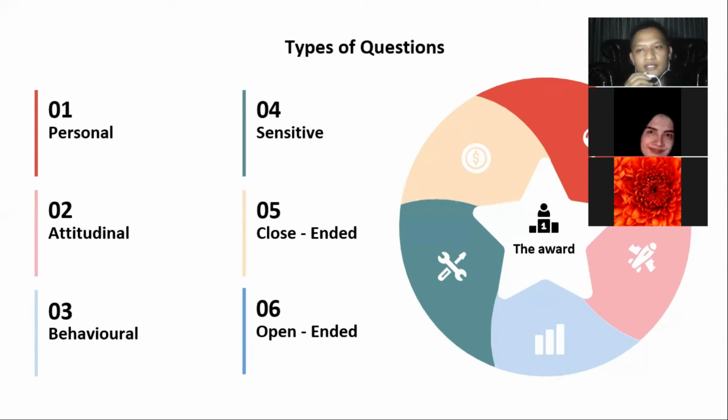And then the next is sensitive questions. Sometimes as researchers, we have a duty to ask even sensitive questions of our respondents. For example, when we are talking about prostitution, it is quite sensitive for certain types of people.